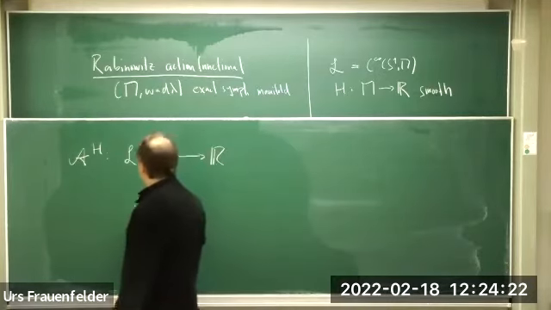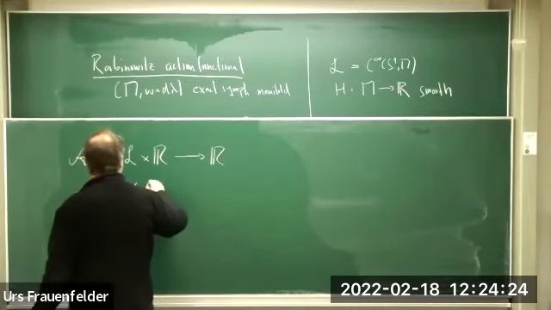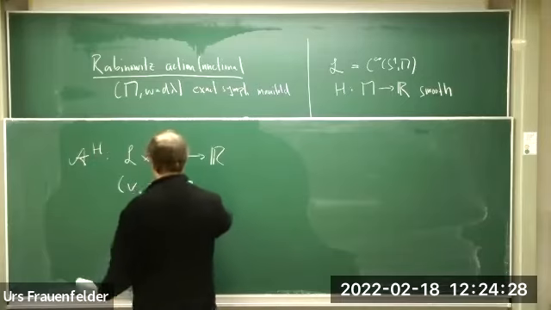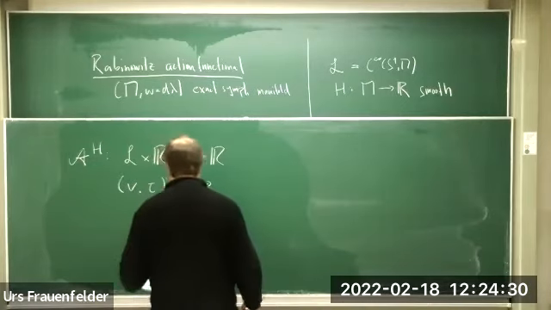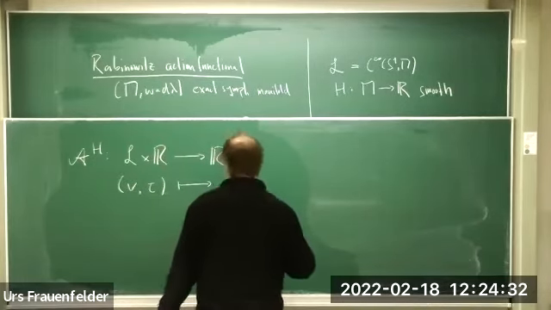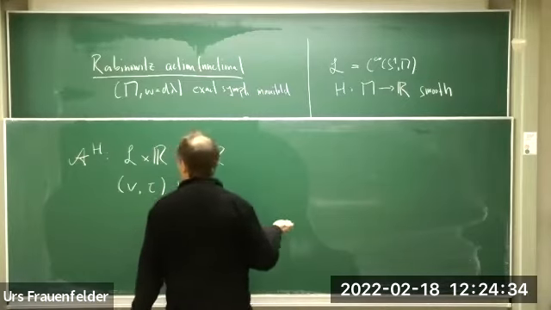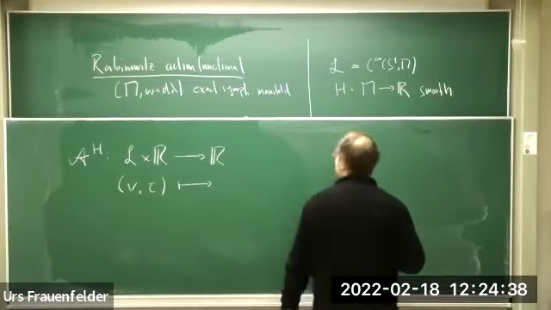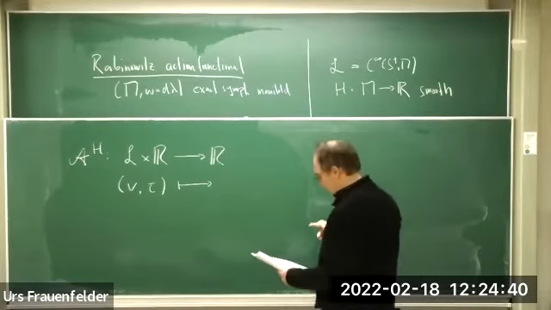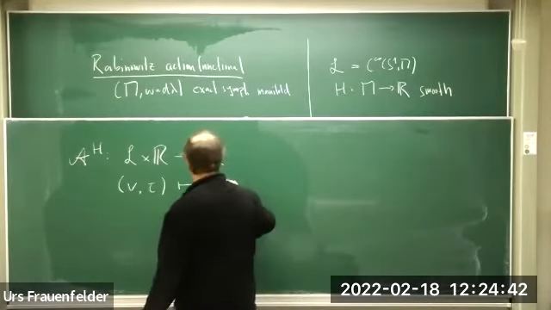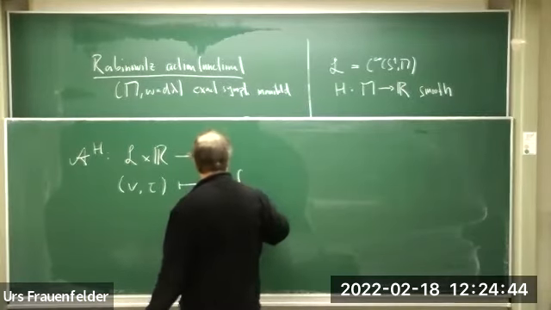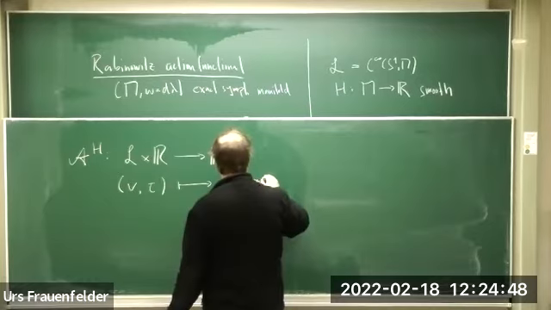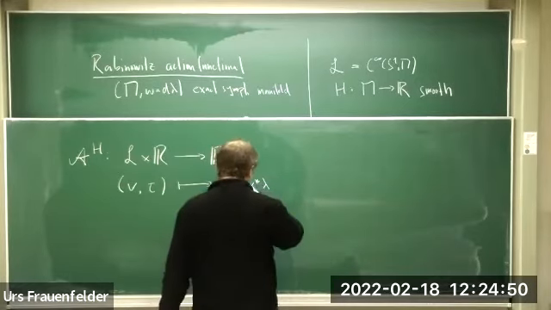Namely, if we pick v a loop and τ a real number, so the Lagrange multiplier, then our little f is now the area functional. So the little f is now just minus the area functional, the integral of the pullback of λ.